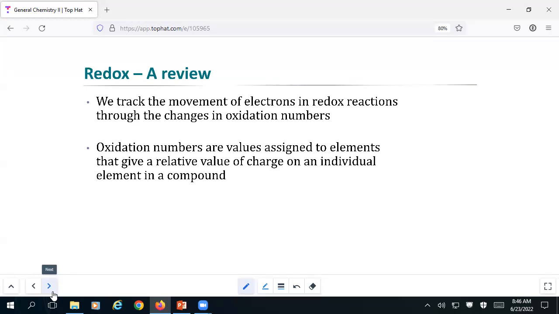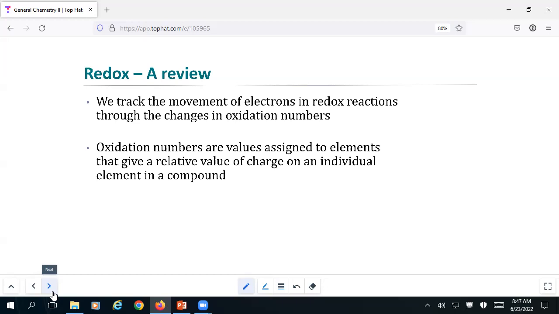Now, oxidation state is different from formal charge, being that thing that we associate with Lewis structures to help try to figure out which one kind of is the best. Oxidation states are a little bit more real. They're a little bit less fuzzy.